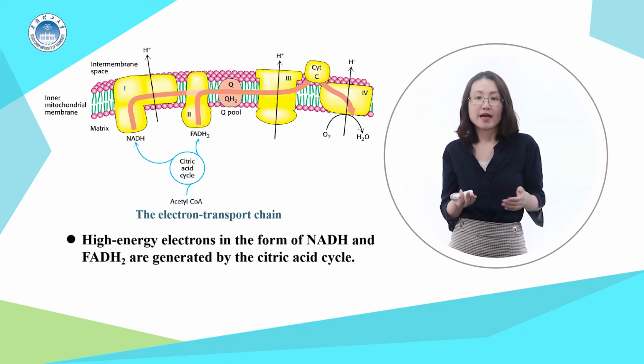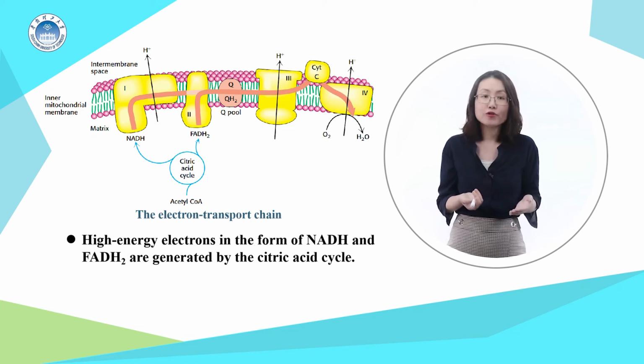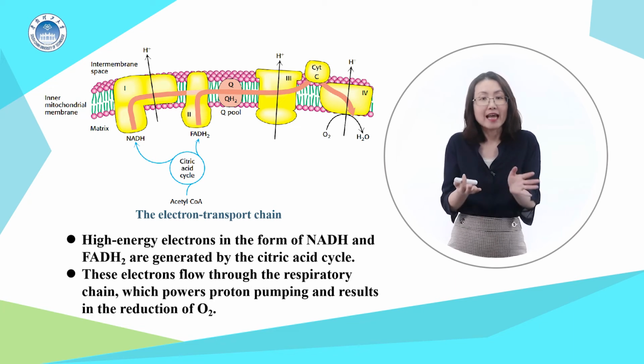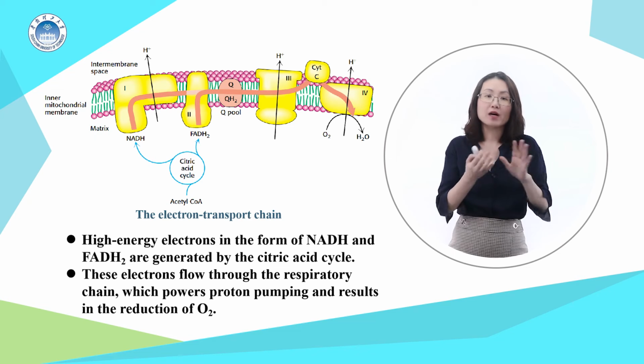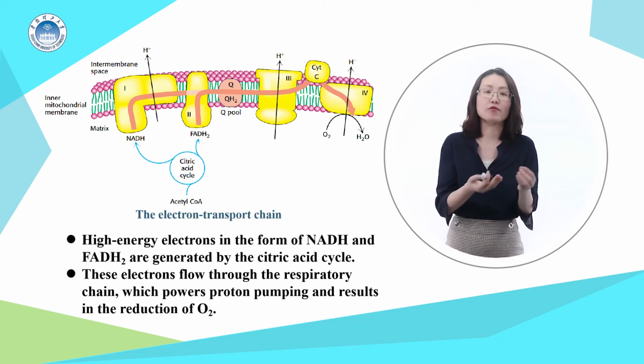High-energy electrons in the form of NADH and FADH2 are generated by the citric acid cycle. These electrons flow through the respiratory chain, which powers proton pumping and results in the reduction of oxygen.